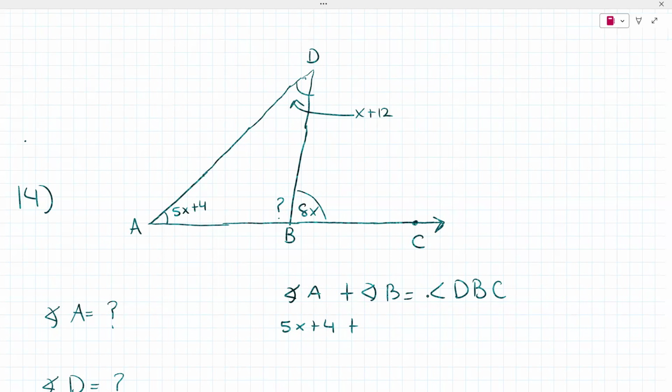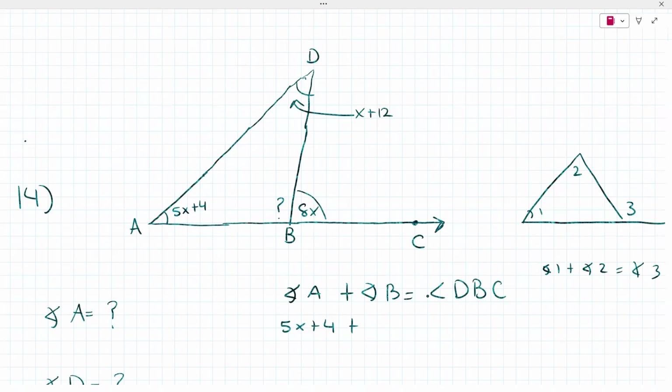Hmm. Wait, what if I draw another image, right? Angle 1, angle 2, angle 3. We know that angle 1 plus angle 2 is equal to angle 3. So I got this wrong.